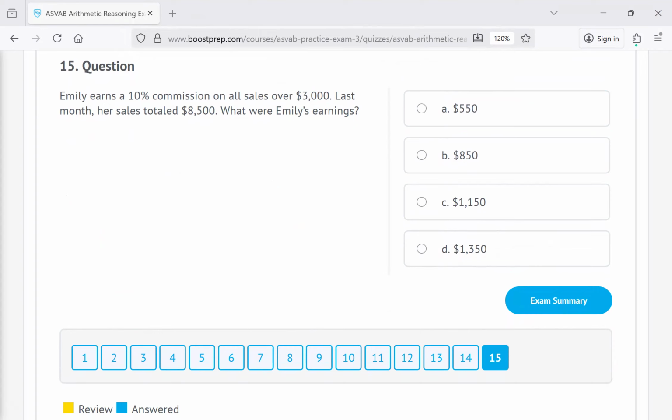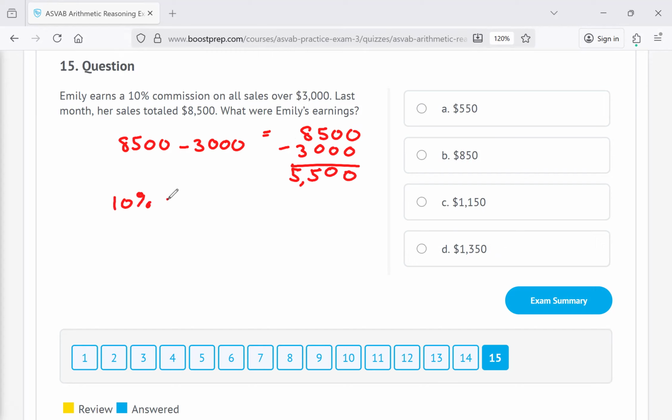Her sales was 8,500, and then subtract 3,000. 8 minus 3 is 5, so 5,500.